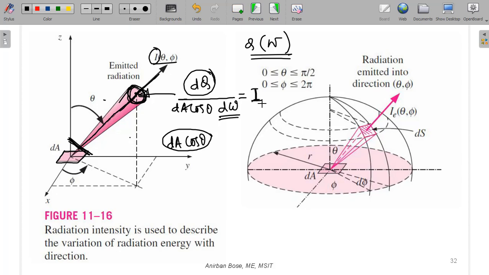We are not considering the spectral property. You can also define the spectral property, that means per unit wavelength. In that case, you have to divide the expression by d lambda, and it will be spectral intensity. But let us not consider that. Let us consider the total radiation intensity, and that is defined in this way.